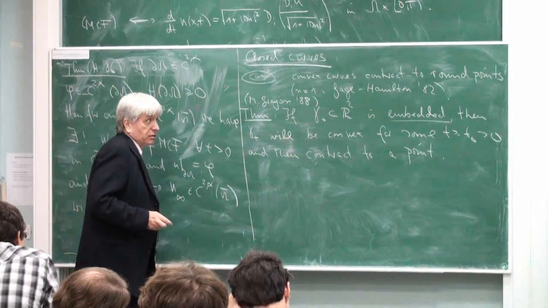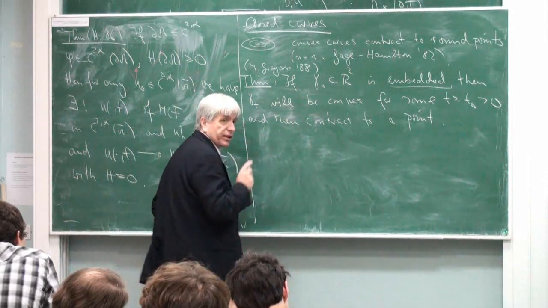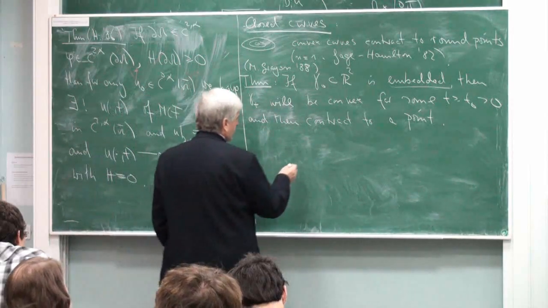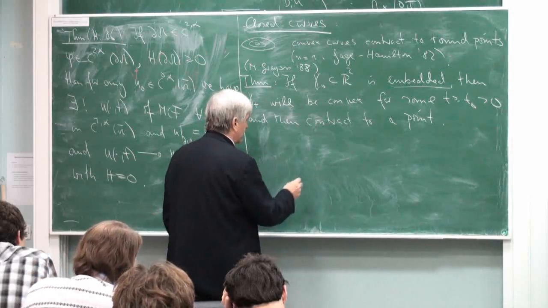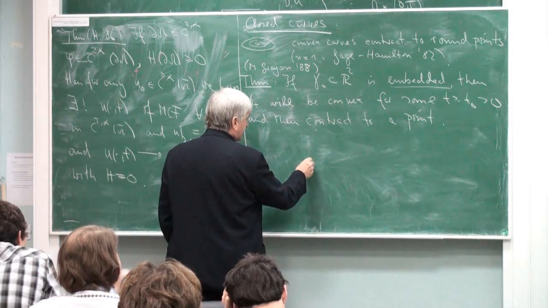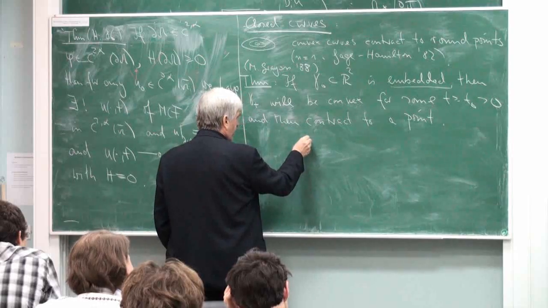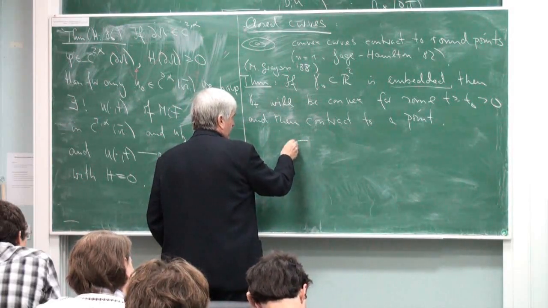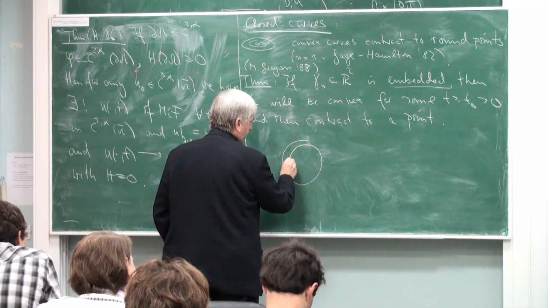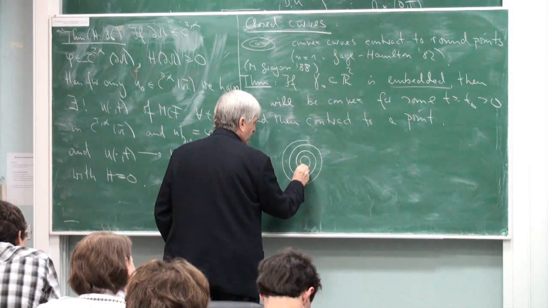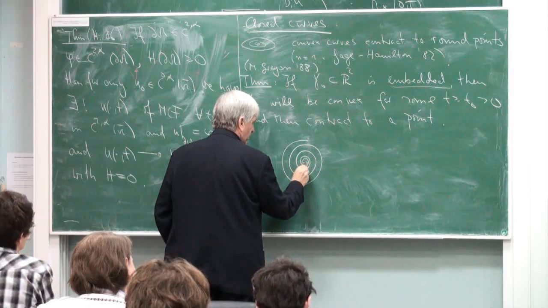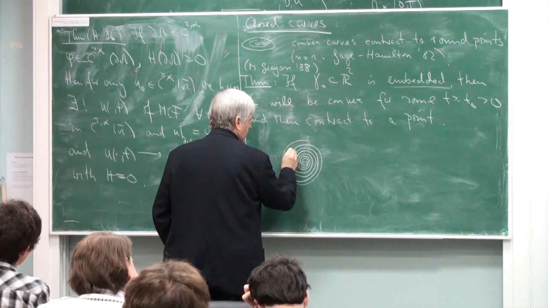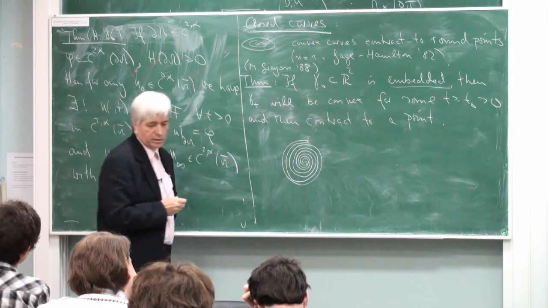But it's amazing that this result is true, right? Because of the following example. People thought this is wrong and tried to construct a counterexample. And how do they do the counterexample? Well, they say, okay, let's start with a curve which is contained inside some circle. All right, let's start with a curve which goes like this. This is an embedded curve, right?